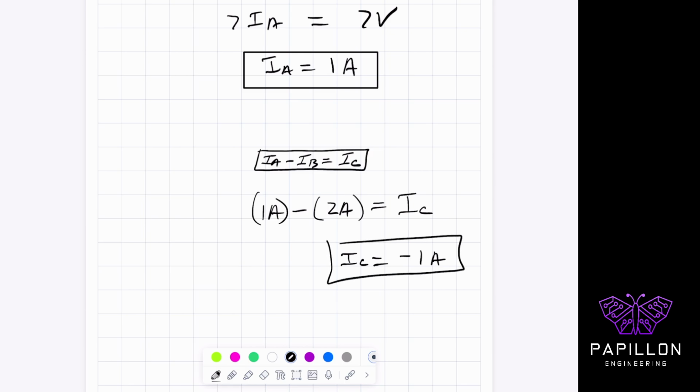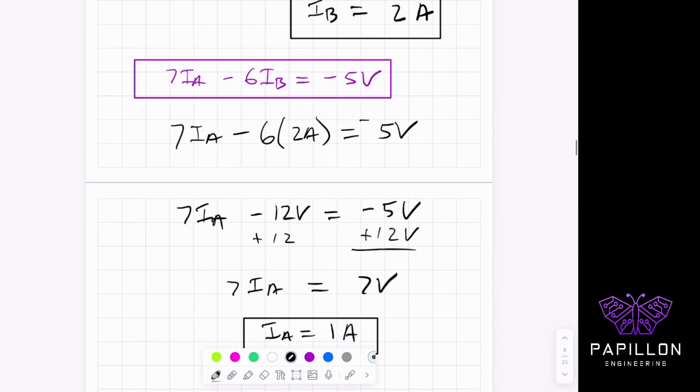Okay, and again, there's no technically positive or negative amps. Amps is nothing else, but then positive and negative is just referring to direction. So if we ever receive a value of negative amps, that means our assumed direction is just opposite of that. So we thought the flow of the current was going clockwise or downwards in this particular problem.